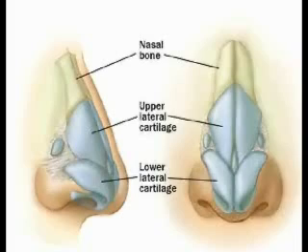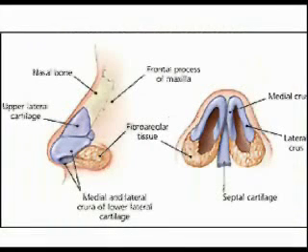Suffice to say, the nasal tip is comprised of two cartilaginous arches termed the lower lateral cartilages, as demonstrated in this image. These cartilages vary in shape and thus primarily account for the different appearances of the unoperated nasal tip. In addition, when we refer to the columella, it is the central post separating the nostrils.